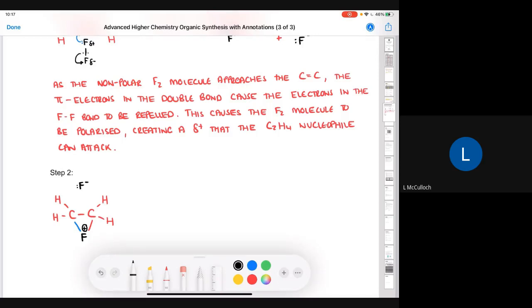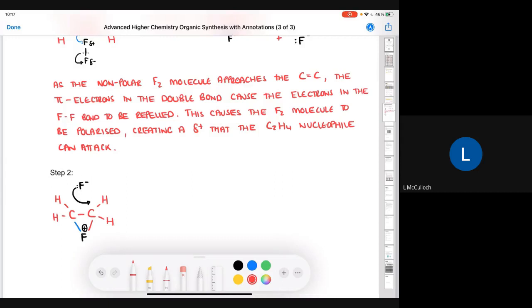So what will happen is this fluoride ion will attack either one of the carbons. It really doesn't matter which one you do. So I'm going to attack the carbon on the right hand side. So I'm starting my curly arrow where the non-bonding pairs of electrons are on my fluoride ion, and I'm ending the curly arrow in the space where I'm going to be drawing a new carbon to fluorine bond.